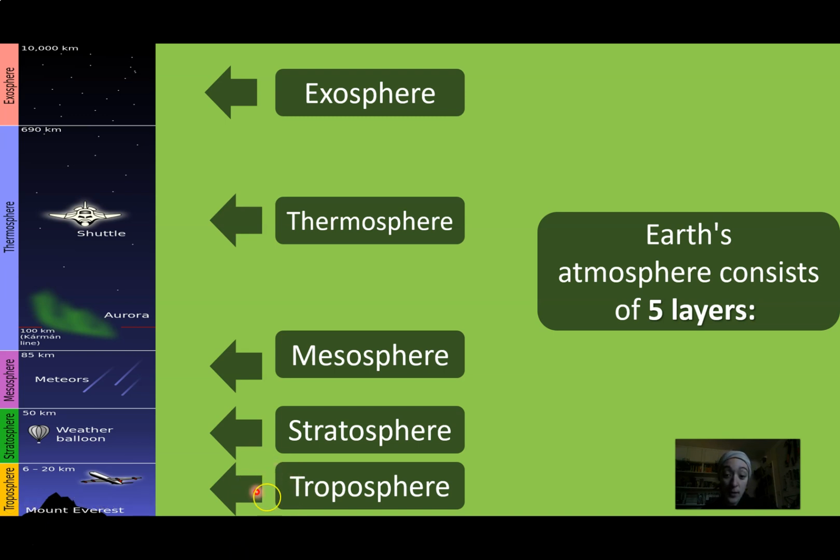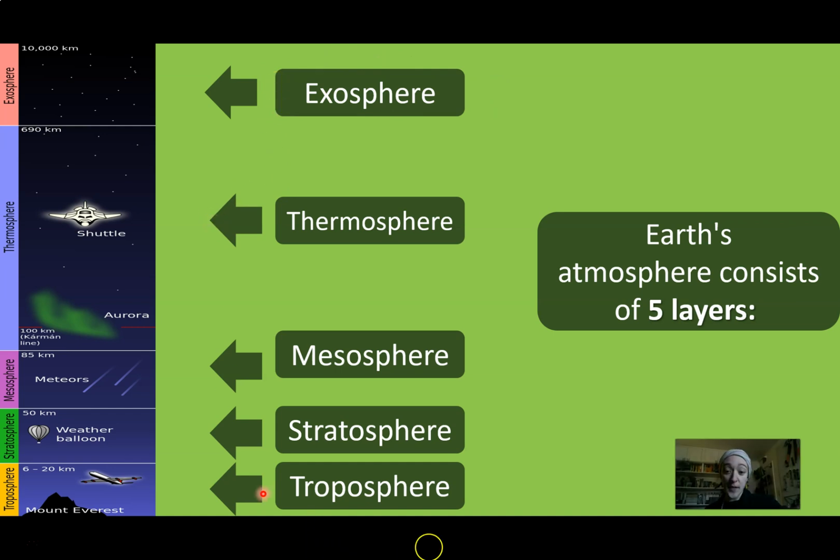And that would be the troposphere. Okay, and the higher in altitude you go, the further away you're getting from the surface of the Earth and the closer you're getting to outer space. So as we raise in altitude, we're getting into the stratosphere, the mesosphere, the thermosphere, and then the exosphere, which is practically outer space, right?